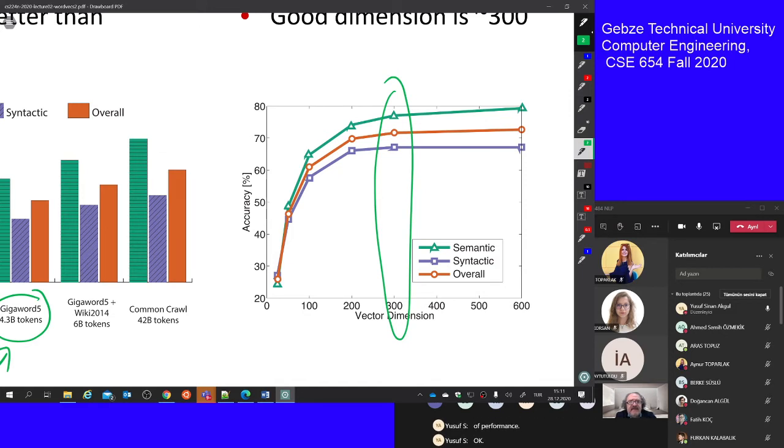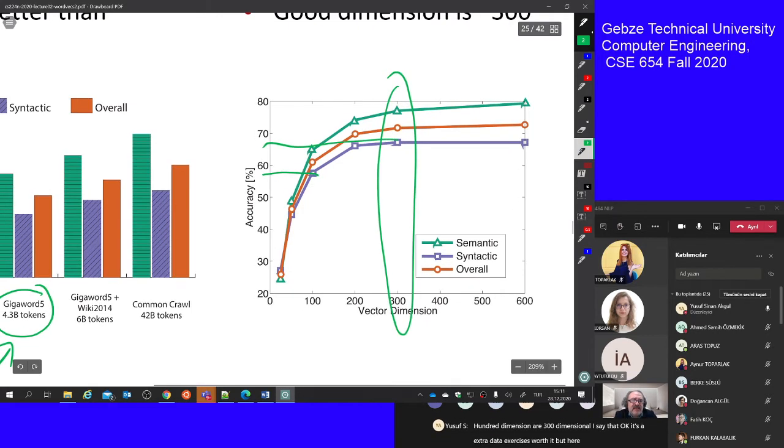There is a 5 to 10% difference between these two, 100 dimensional and 300 dimensional. I say that okay, extra data, extra size is worth it, but here I cannot say the same thing.